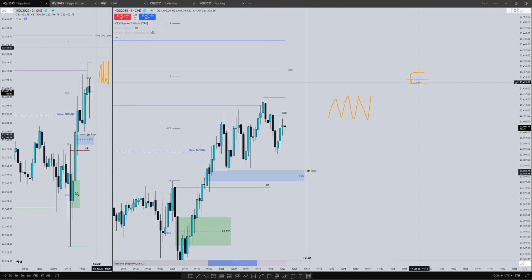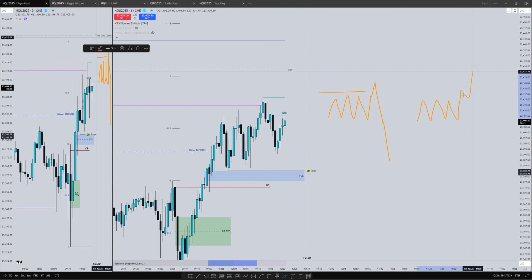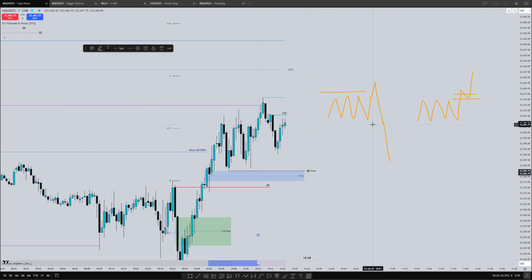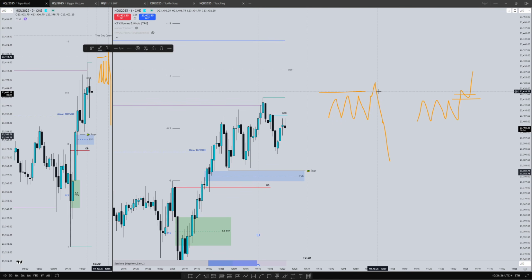But the only two ways that it really can leave that consolidation is either like this, where it purges the external range and then reverses, or if it will just continue out of that range and offer a retracement entry off the top. And this is why bias is extremely important in this, and understanding where consolidation can form, right? You normally see the first one over here when this is a key time, say maybe 9:30, and this is a true turtle soup, right?